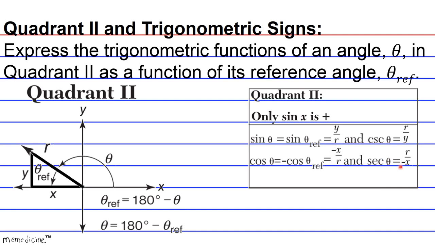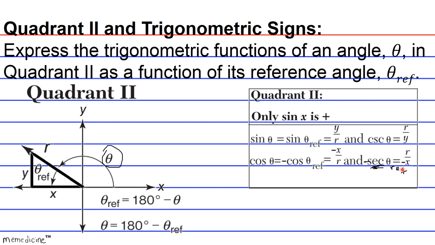So the secant of theta ref, you could say the negative, let me just write it in so I don't confuse you. This is going to be the negative secant of theta ref. And we would say the secant of this theta is equivalent to the negative secant of its reference angle, which is going to yield the hypotenuse segment length over negative x, okay?